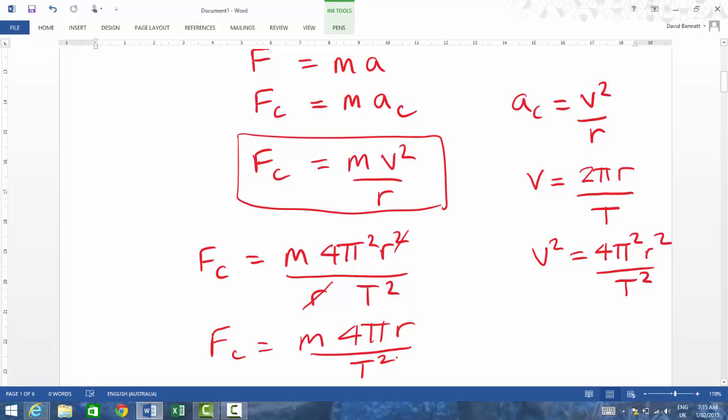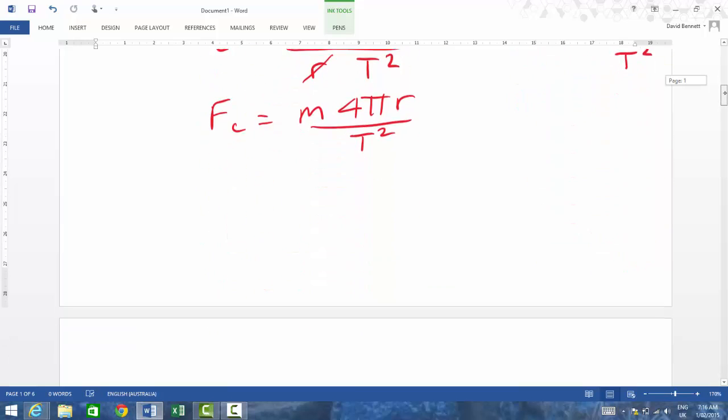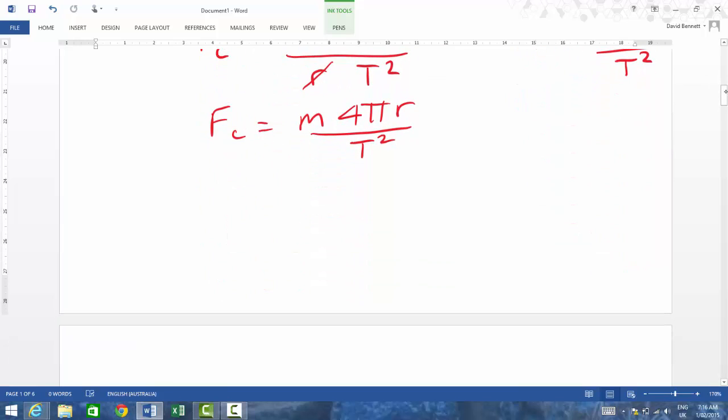Now, when we do experiments, as we do in this particular one, what we will be doing is keeping some things the same. So in this experiment, we're going to keep r, the radius, constant. We're going to keep the mass constant. And what will probably happen from that is t, the period, will change depending on how much mass is on there.